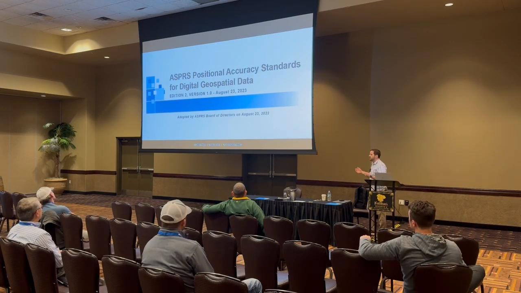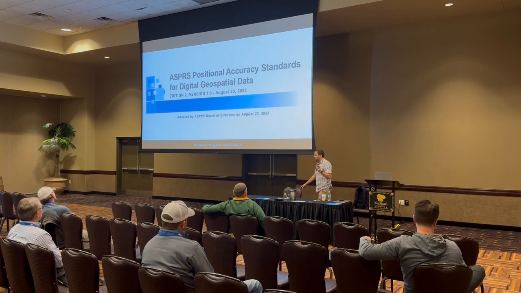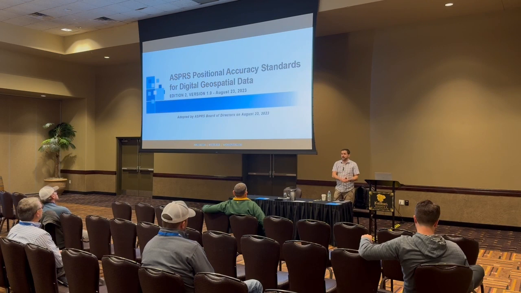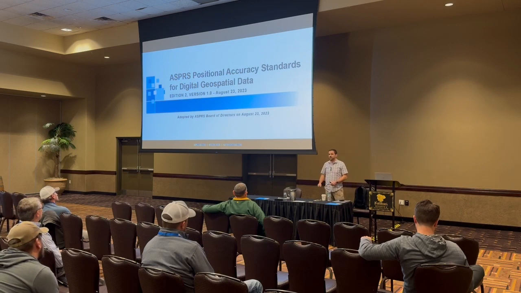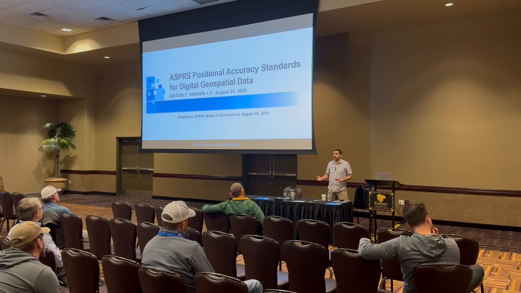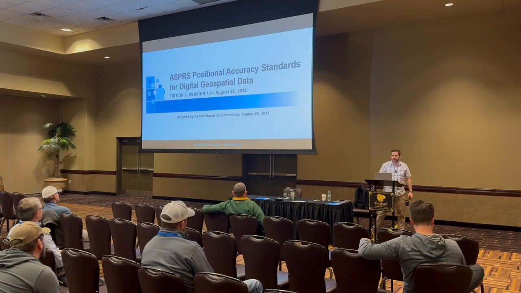It is still based almost entirely, I say almost entirely, and I'll get to that in a second, on the error of independent check shots. You measure a point, you don't use that point for creating a map, and then you say, okay, where was that point according to my ground-based measurements, and where does the map say it was? You do that 30 times, calculate the average, and that's more or less the accuracy of your project. We'll get to the caveats, though, in a little bit.